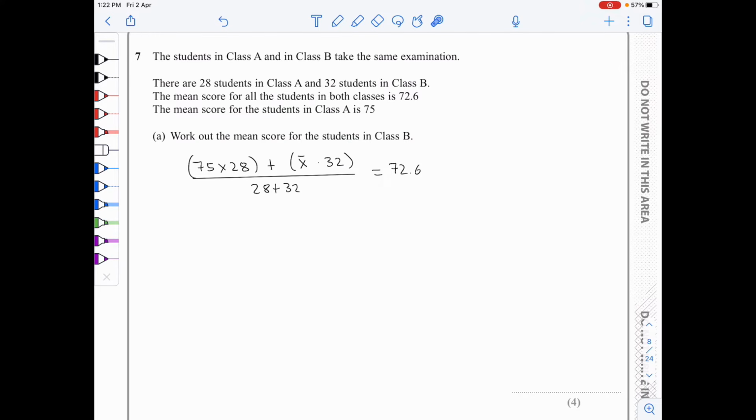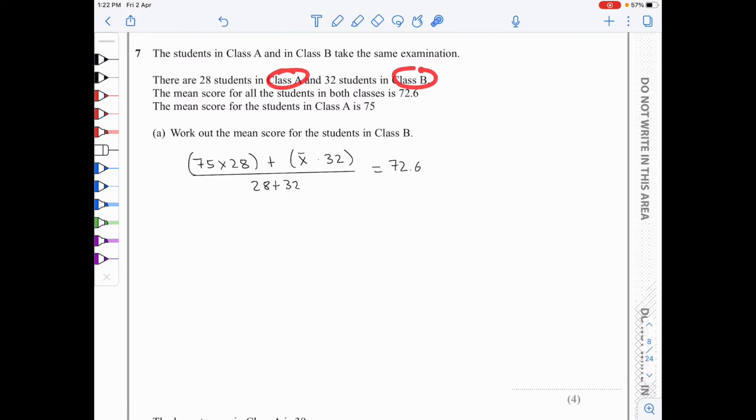Now I've got two means, class A and class B, and in order to find the overall mean, I have to weigh by the number of observations in each of those groups. 75 times 28 is 2,100 plus 32x bar over 60 is 72.6.